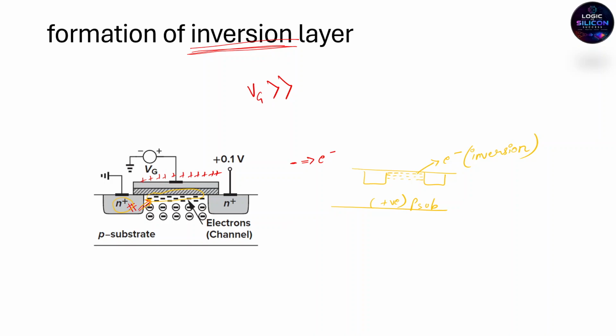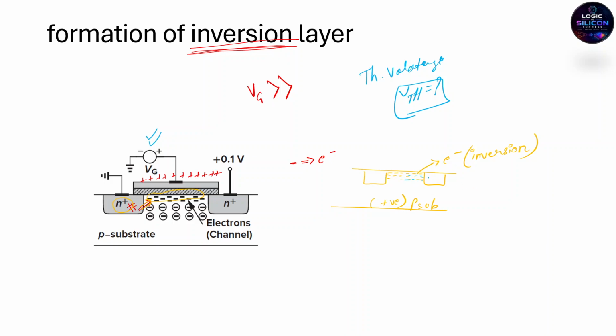So now there is a good concept called the threshold voltage. This is an important concept. In the books, we call it VTH. The concept of VTH is simple: VTH is that particular gate voltage we apply when the concentration of electrons at this region becomes equivalent to the p-type concentration.